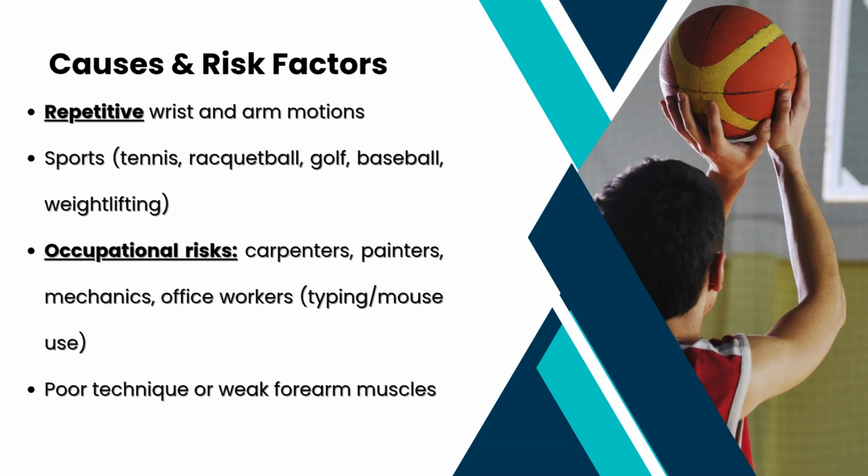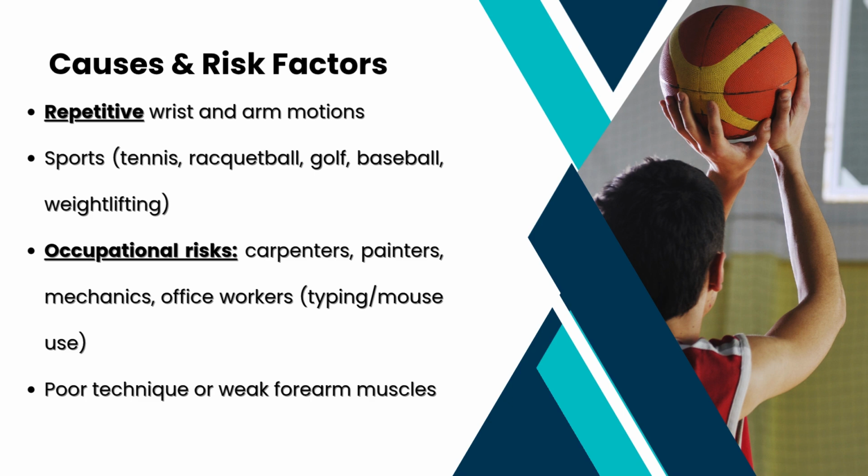Now, causes and risk factors. I covered some of them in the last slide: repetitive wrist and arm motions, and the sports you play, really any sport. I know we have tennis, racquetball, golf, baseball, and weightlifting listed here, but basketball, football, and softball as well, pretty much every sport. There are also occupational risks: if you're a carpenter, painter, mechanic, or office worker, anybody who uses their hands quite often.